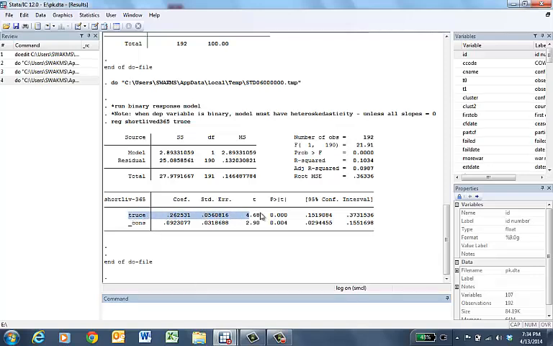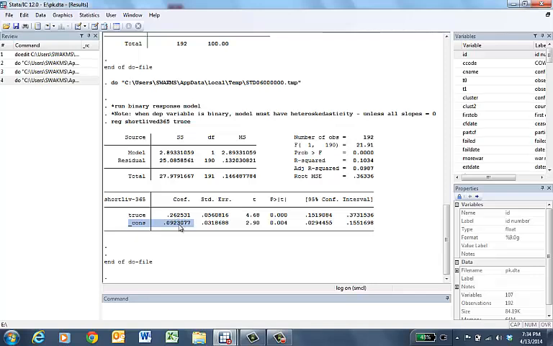Truce has a positive and statistically significant effect on conflict recurrence in one calendar year. The constant tells us the probability of conflict recurrence where there's some other sort of conclusion to the civil war besides a truce.